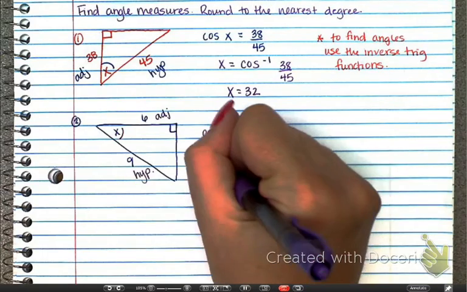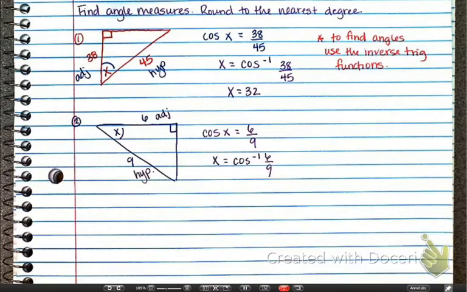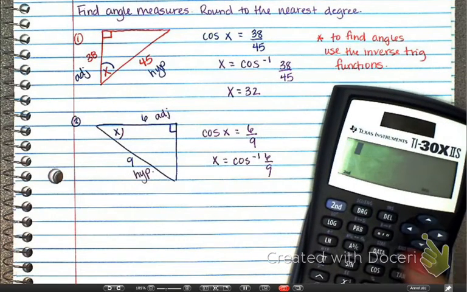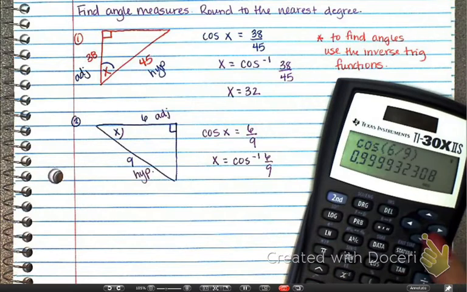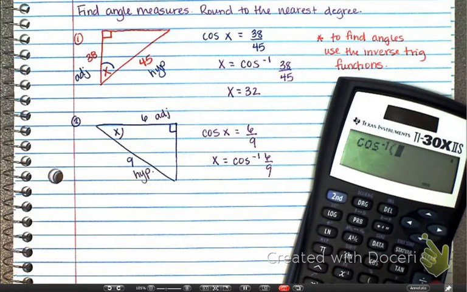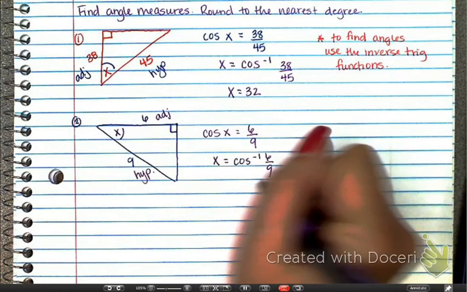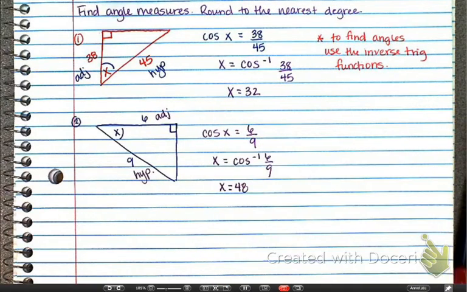So in my calculator, I'm plugging in the inverse cosine of 6/9. Inverse cosine of 6 divided by 9. There we go. You should have gotten 48. And remember, it's a whole number, so we're going to round with no decimals.